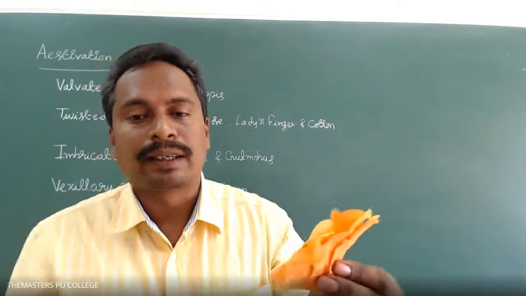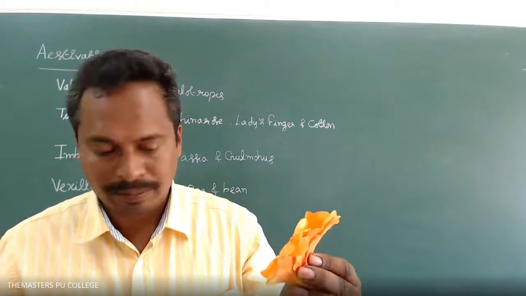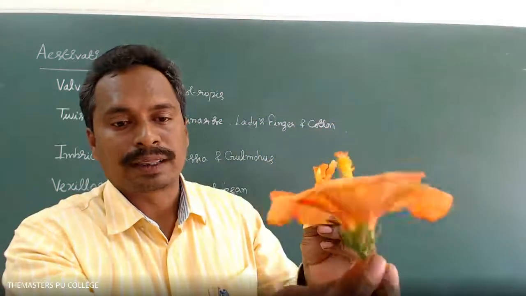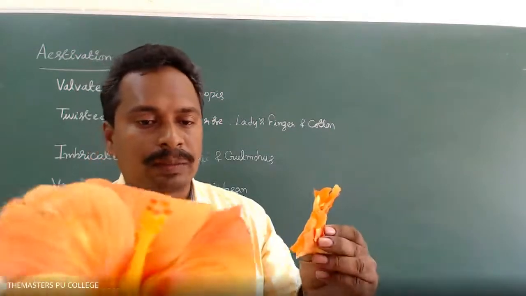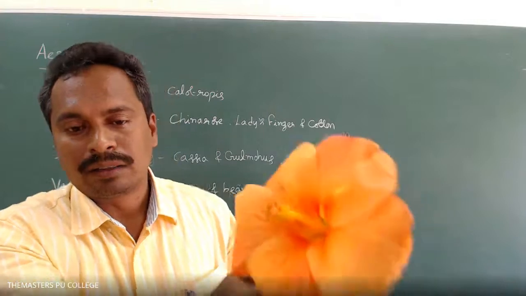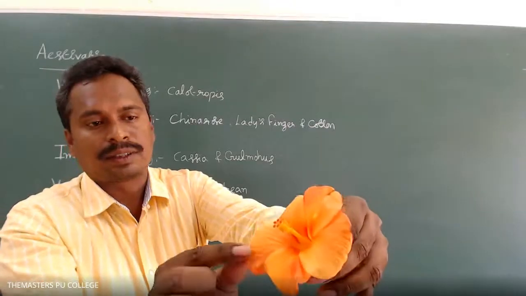So it is an example for the twisted type of estivation. This one petal overlaps the next.